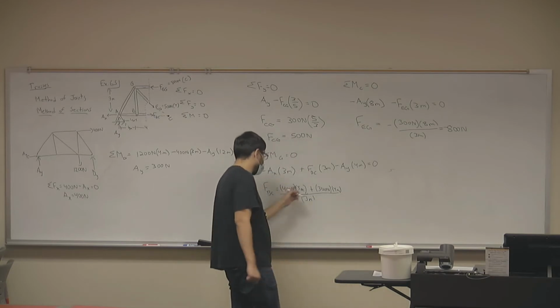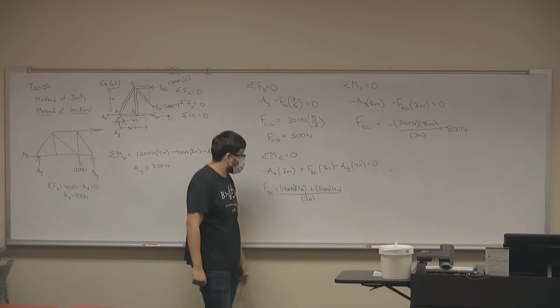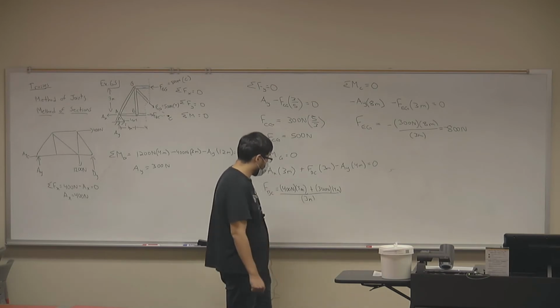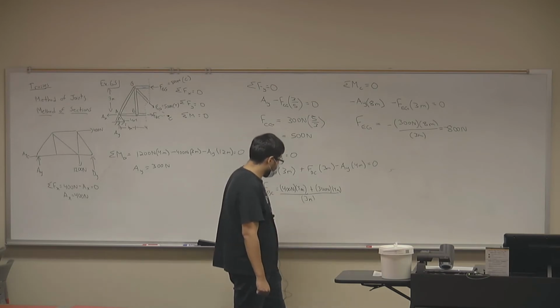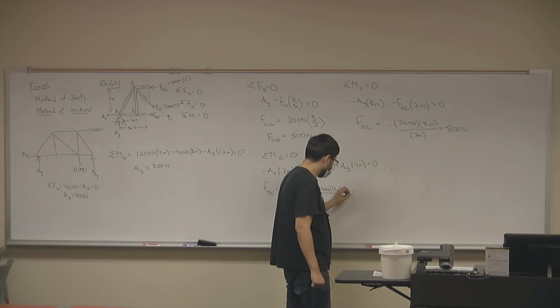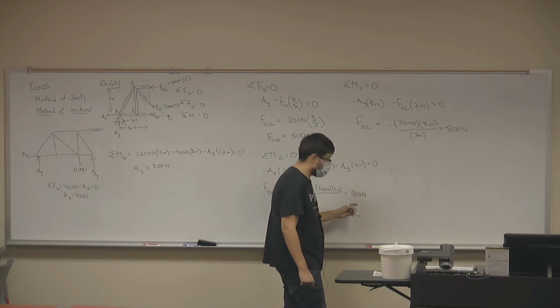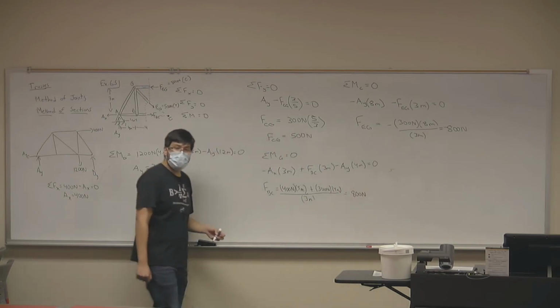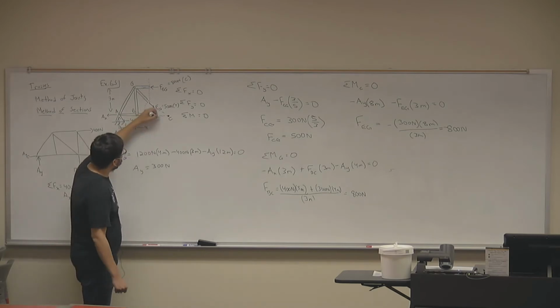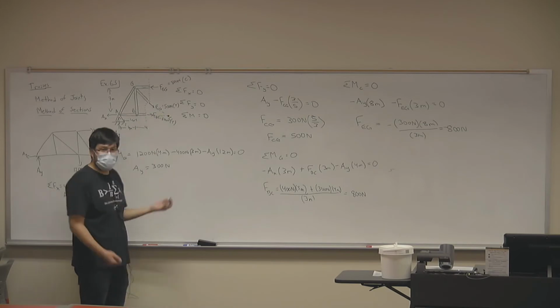So how much is that? 2,400 newton meters divided by 3 meters. Is that 800 newtons? Was that a positive number? Okay, so we assumed this direction correctly, 800 newtons in tension.